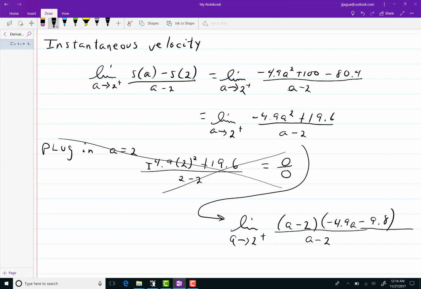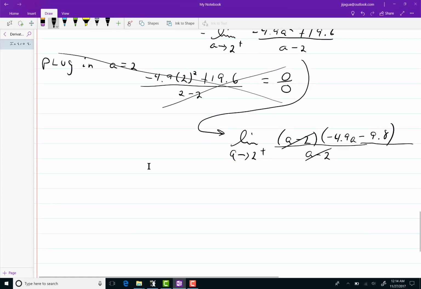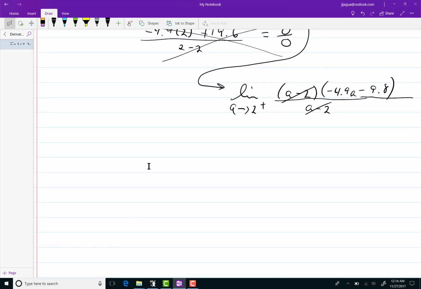All right, good. So let's go ahead and cancel the a minus 2's. And we get the limit as a goes to 2 from the positive of negative 4.9. This is where I can plug 2 in.